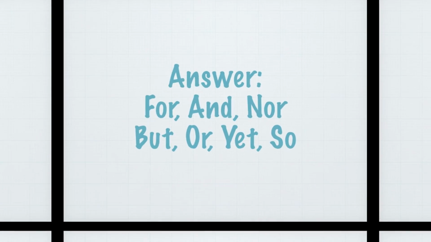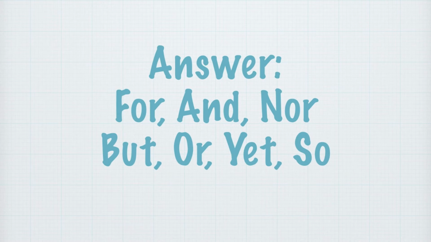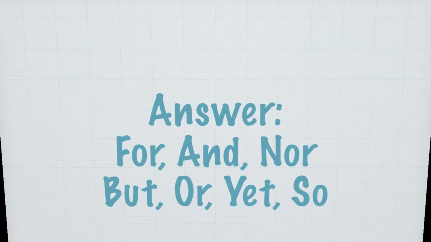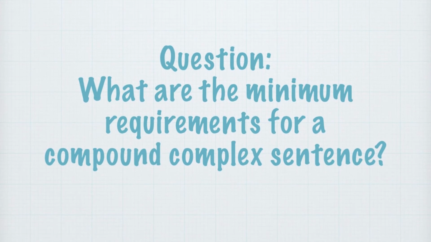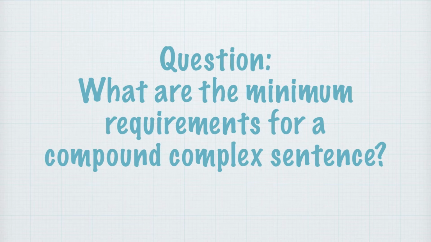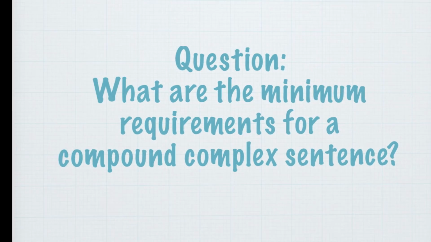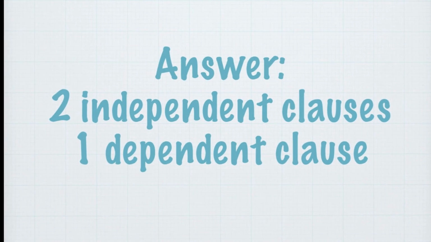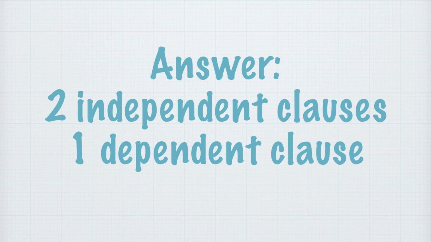The fanboys are for, and, nor, but, or, yet, so. What are the minimum requirements for a compound complex sentence? 2 independent clauses and 1 dependent clause.